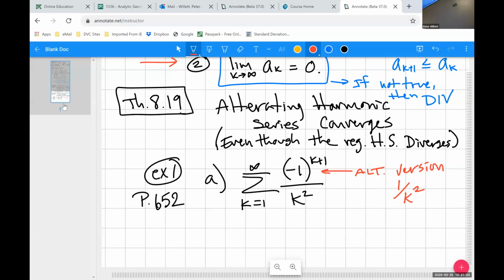So does anybody know if the non-alternating version, the 1 over k squared, does that one converge or diverge? Question for the group. Does the series of 1 over k squared converge or diverge?